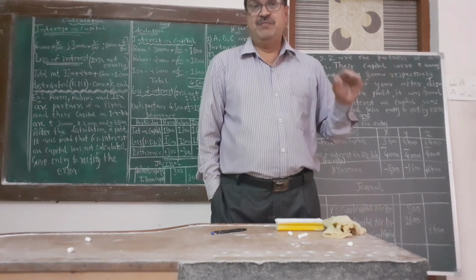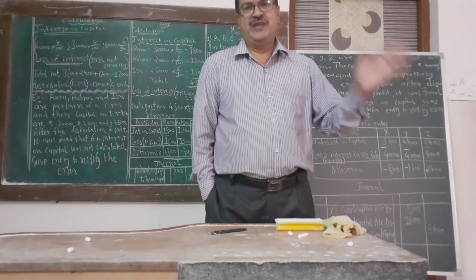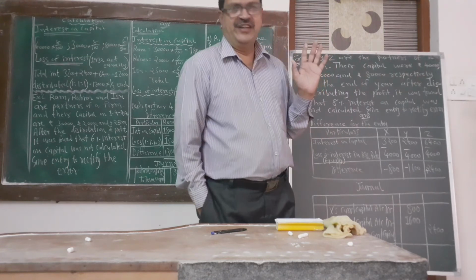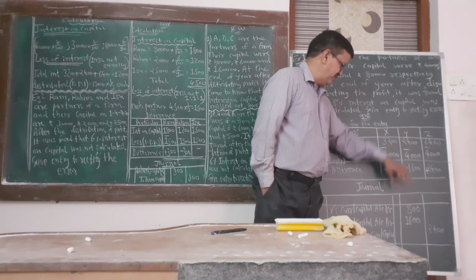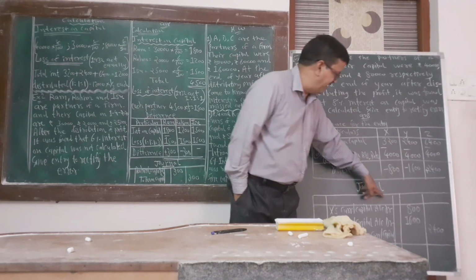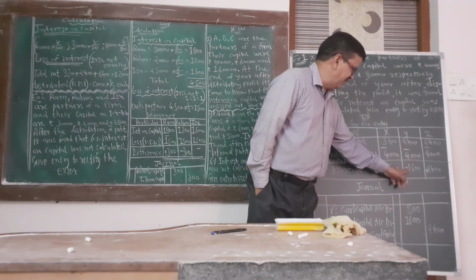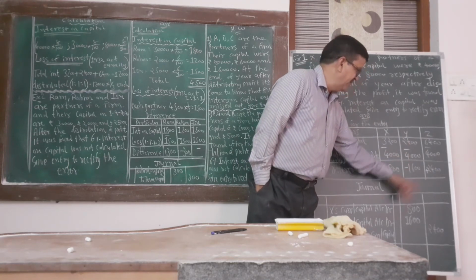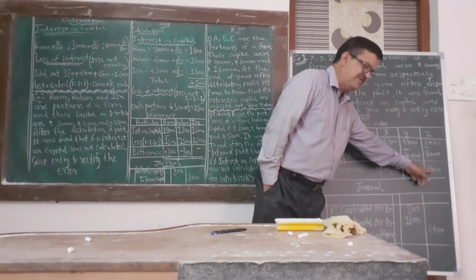And if the difference is plus or positive, it is credited to the partner's capital or current account. So X has minus, Y has minus. So X's current or capital account debit rupees 800. Y's current or capital account debit rupees 1,600. And Z's current or capital account credit rupees 2,400.